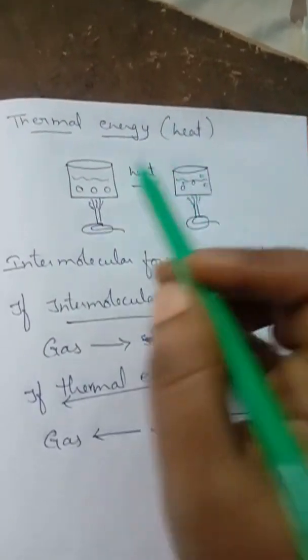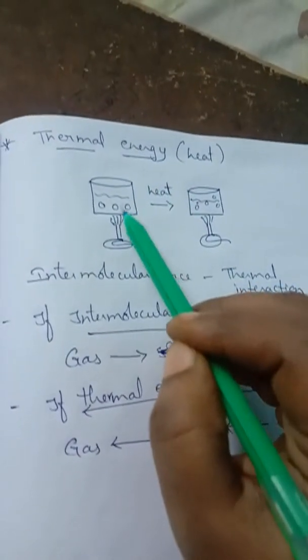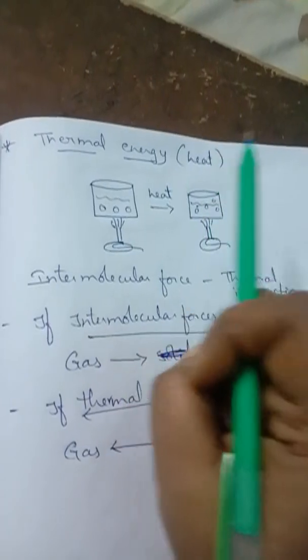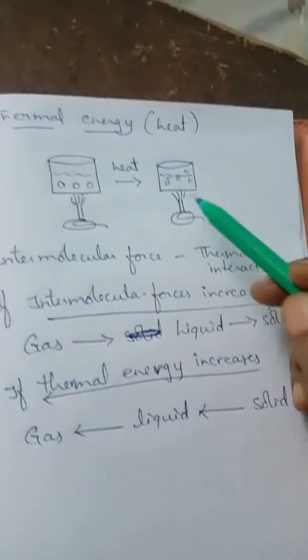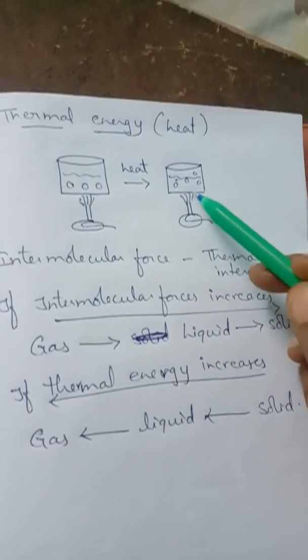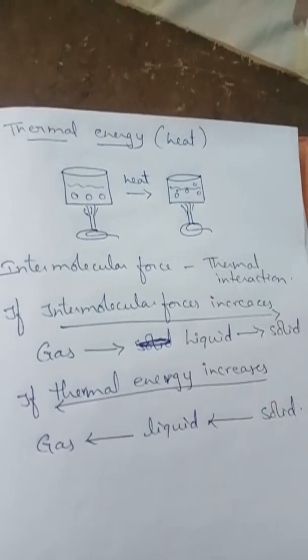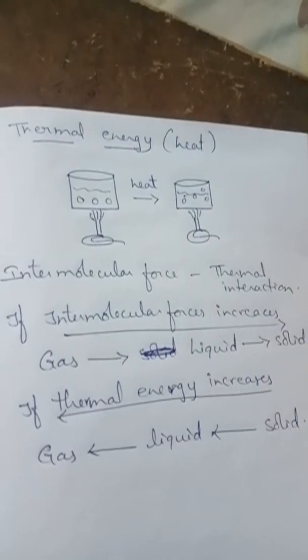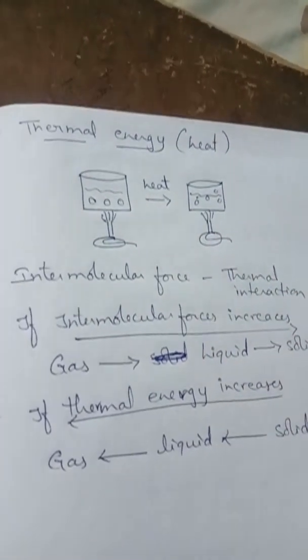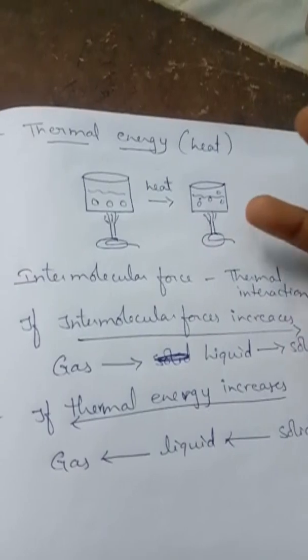So before this, what happens? The intermolecular force is very strong. When you apply some heat energy, the intermolecular force decreases. Why? Because the molecules are moving. Due to that heat energy, thermal interaction takes place.